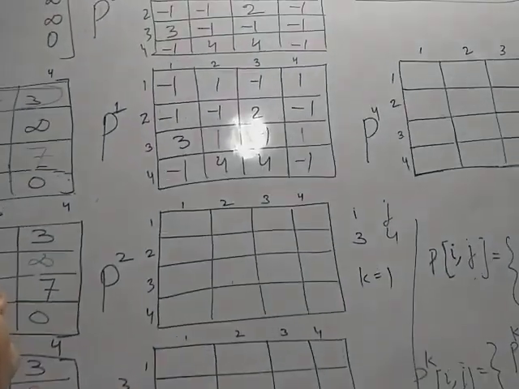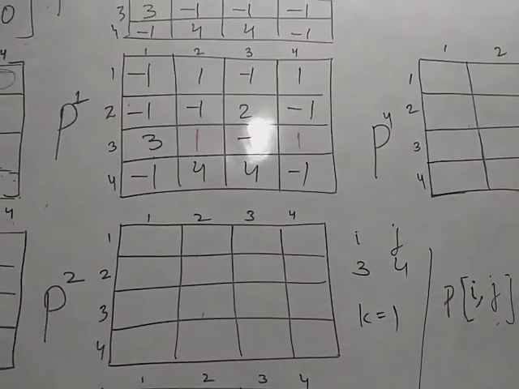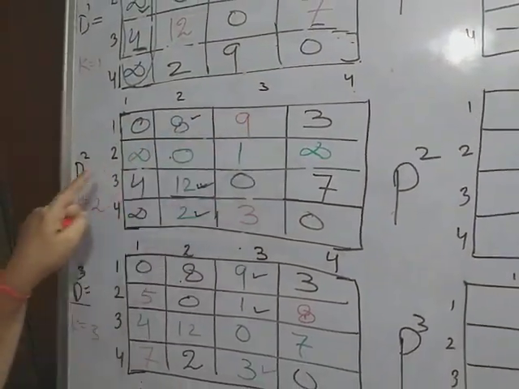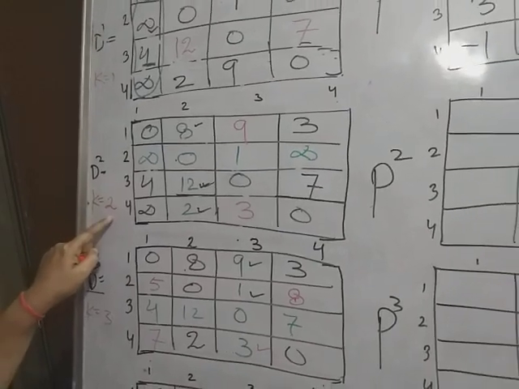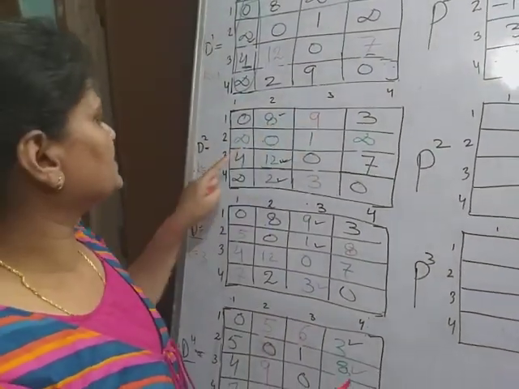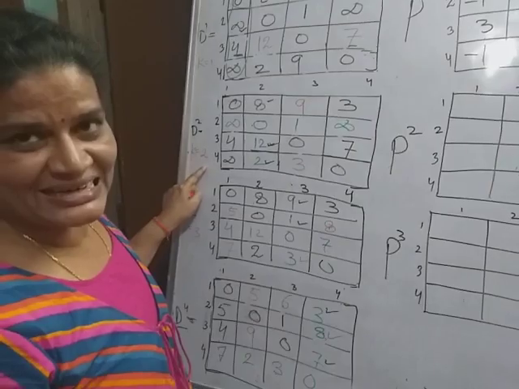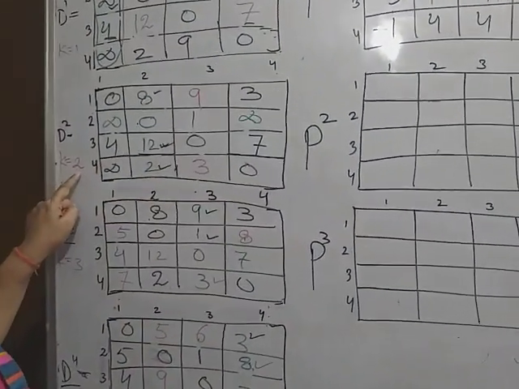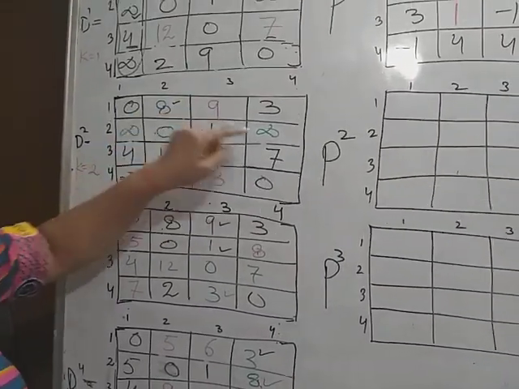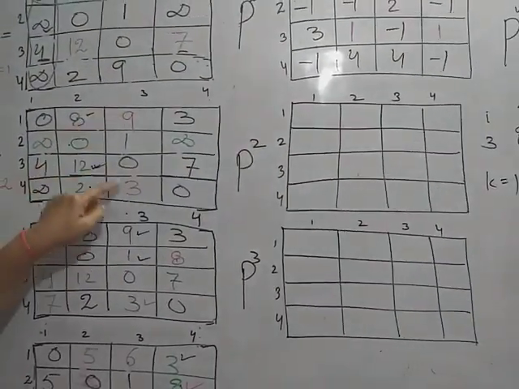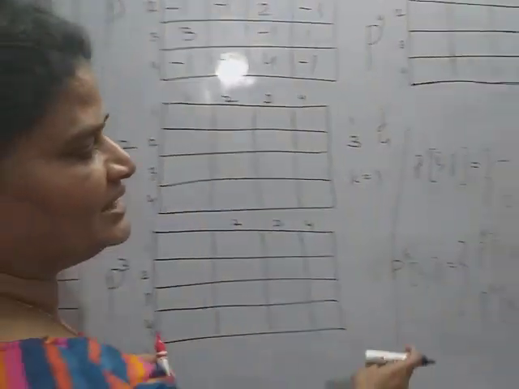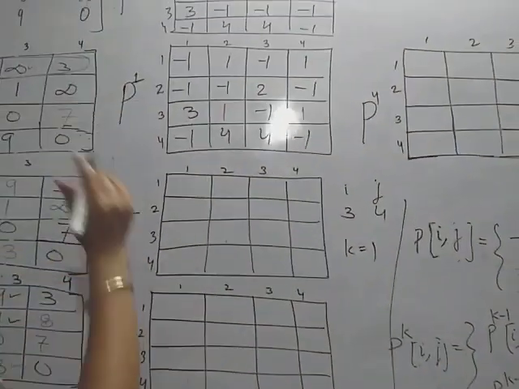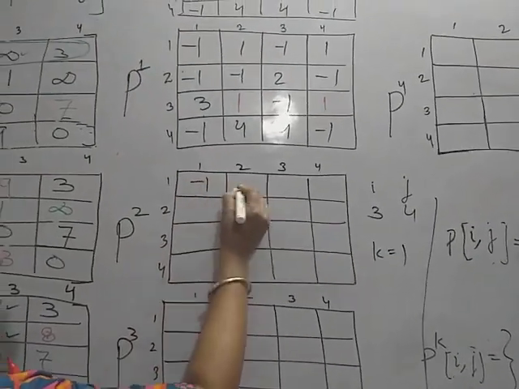Now simply here in this case, see this entry and this entry. In the path 1 to 3, 2 is used as an intermediate vertex. In the path 4 to 3, the 2 is used as an intermediate. So in the path matrix P2, only these two entries will be changed by this equation and all other entries will be copied from the previous path matrix, okay. So minus 1, 1.